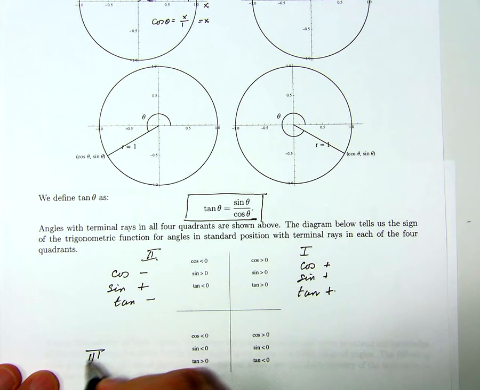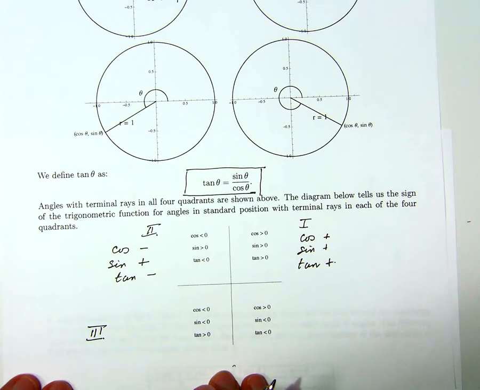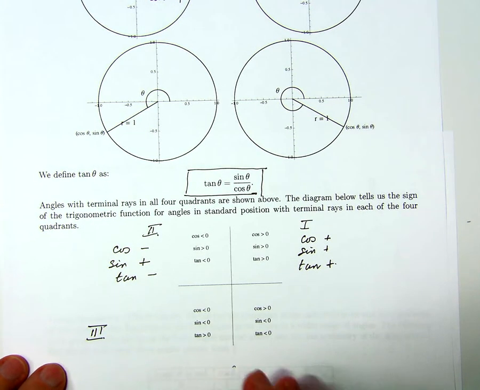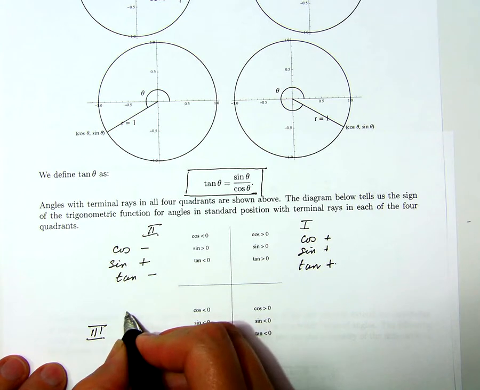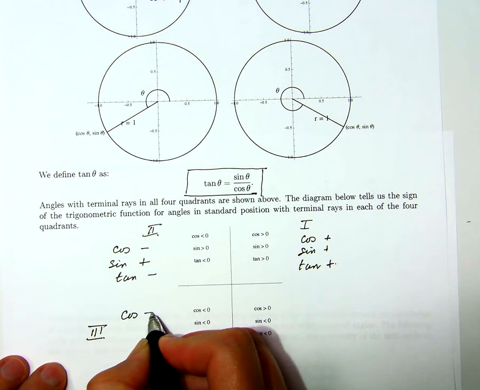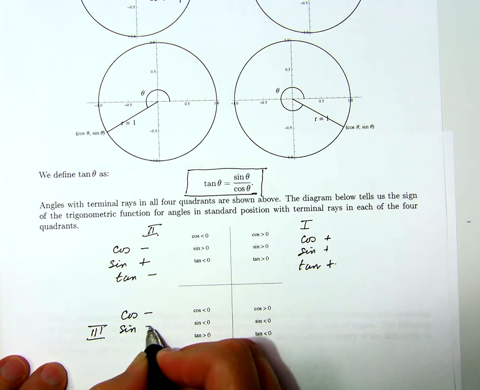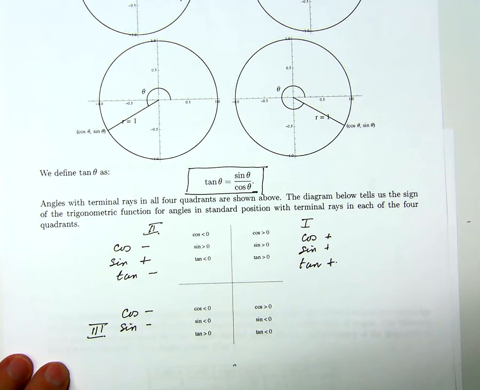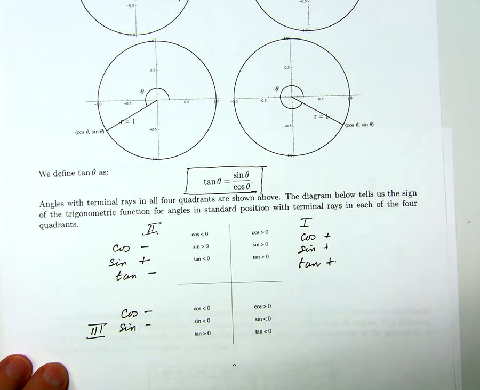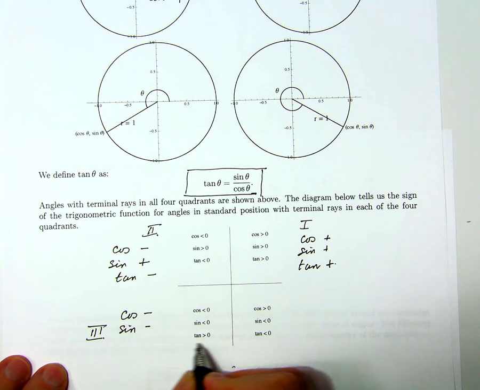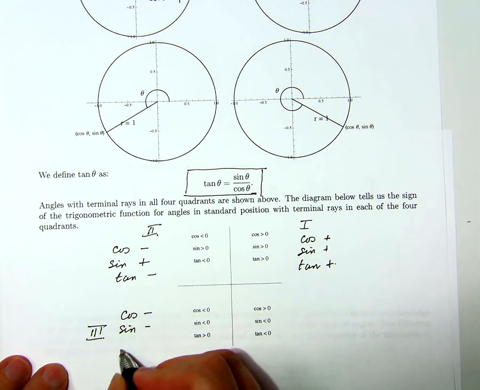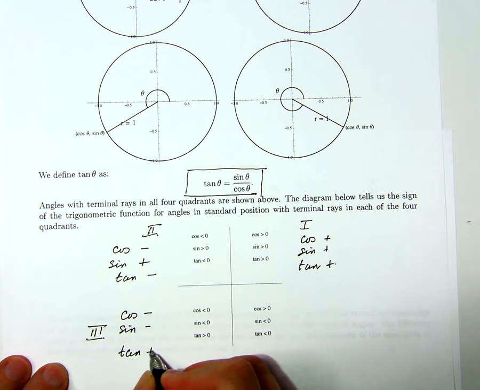And for angles with terminal ray in the third quadrant, both the cosine and the sine are negative, because the x and y coordinates of points in this quadrant are negative, and tangent is a negative over a negative, so tangents are positive.